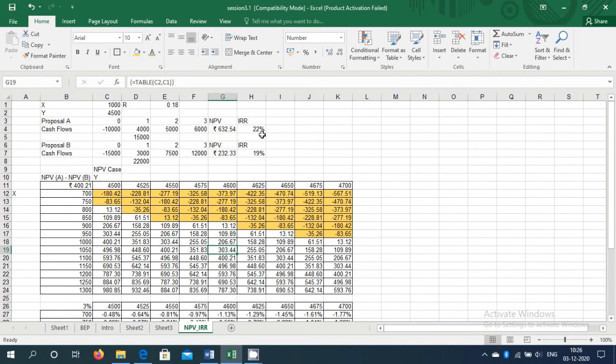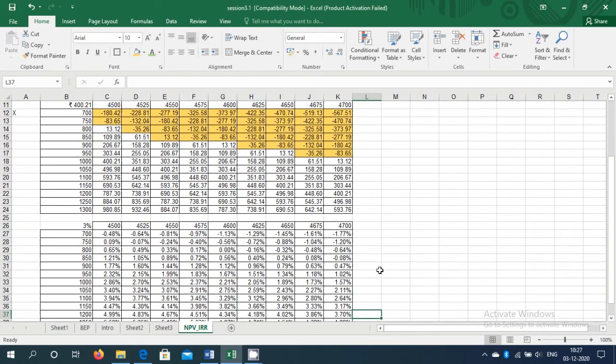Similarly, I have also found the IRR, and I have used the data table for the difference there: 22%, 19%. Based on that also you can use the data table to find the internal rate of return.